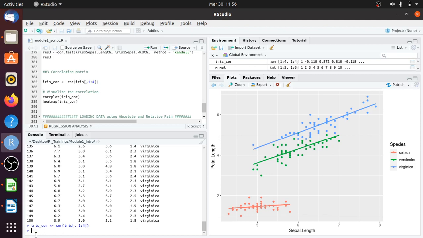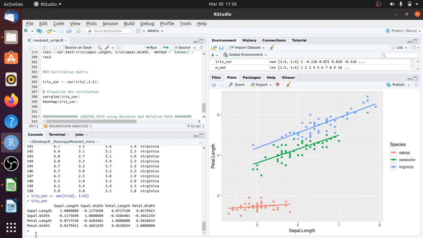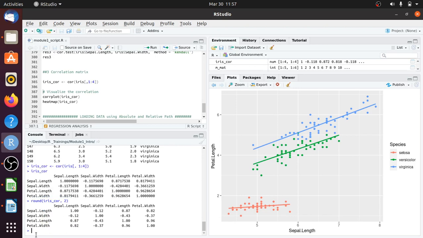Now, because I've saved it inside iris core, it's not displaying right away. Let me display it for you to see. You've seen it here now. Now let me say, give it to me in 2 decimal places, round, iris core, 2, so you can see it better now.